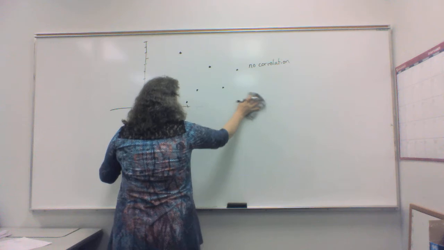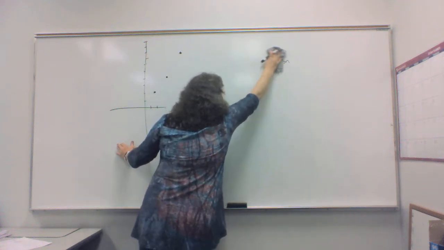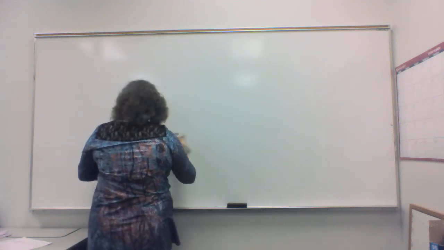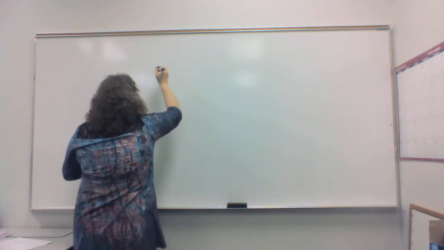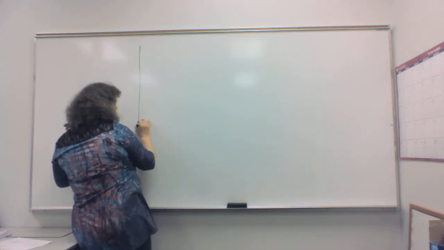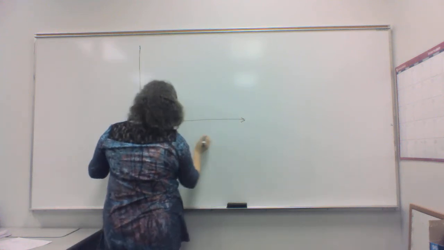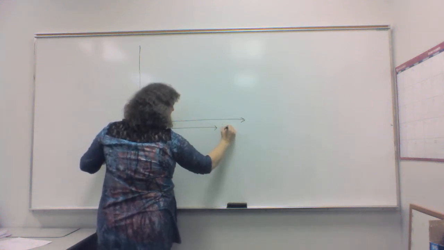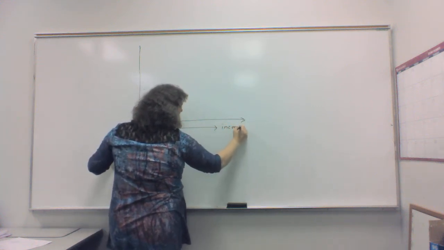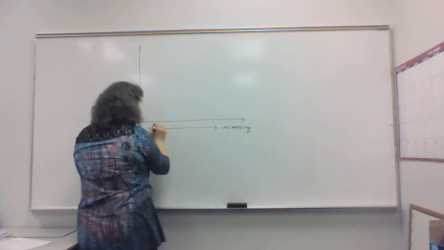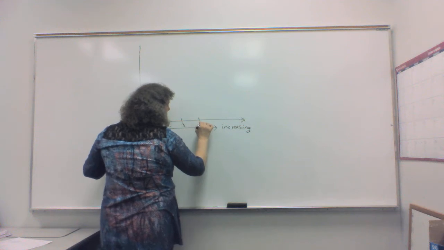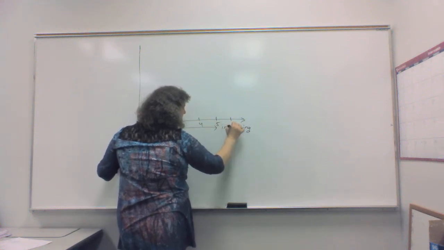Okay, the next thing we're going to look at is correlation by idea. So let's look at the first idea of correlation. The first idea I want you to look at is the number of hours you study. Okay, 0 and increasing. If you start at 0 hours of study, 1, 2, 3, 4, 5, 6, and so on.